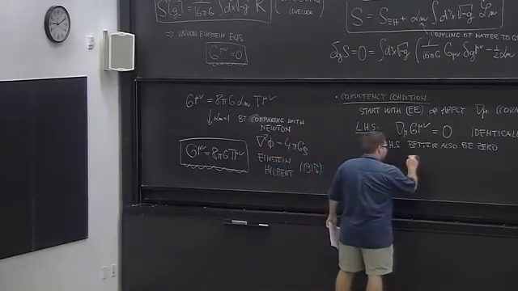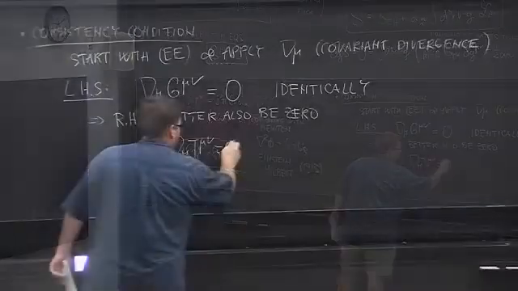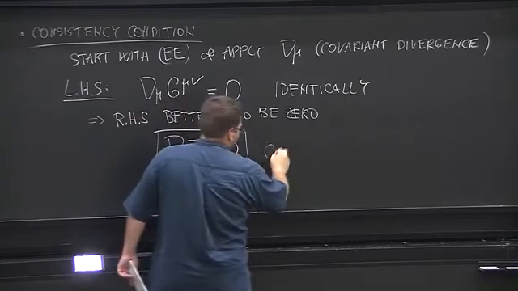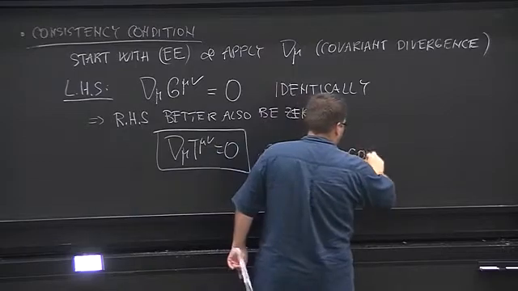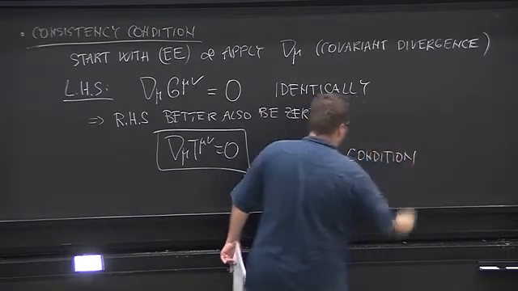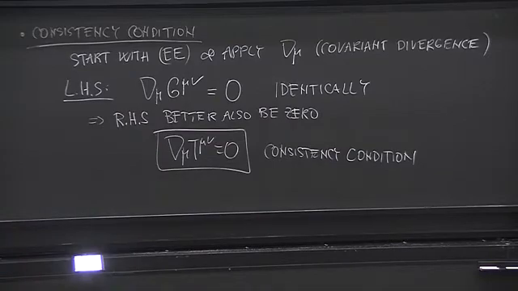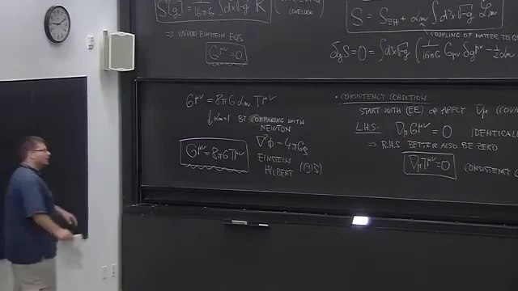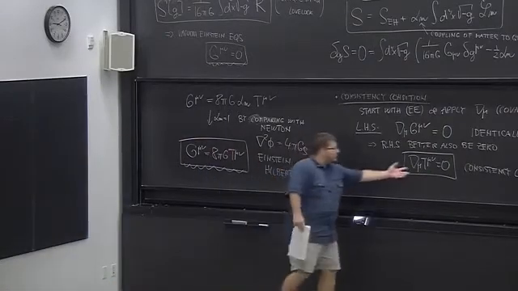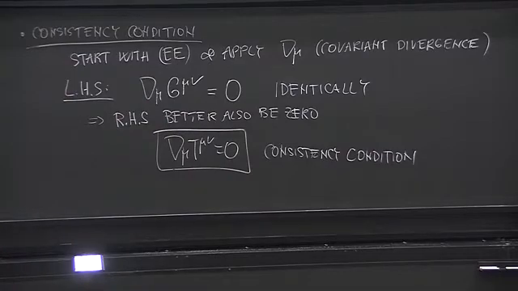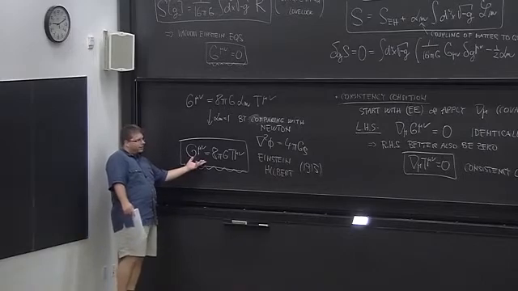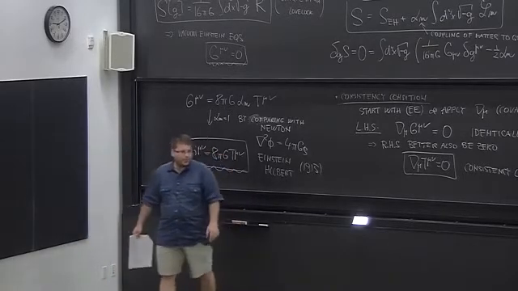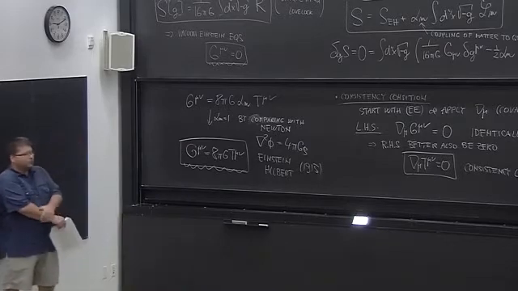So we are learning that nabla mu T mu nu equals 0 is a consistency condition for the fact that you write down the Einstein equation. So this is the right way of reasoning. It's not that I know this has to be true, so that's why I'm finding that tensor. That's not right. That's guessing. What is right is that once I write this down, this thing automatically follows. So the consistency condition automatically follows.